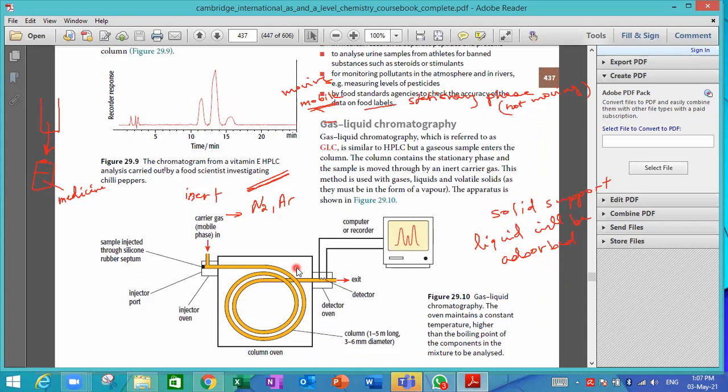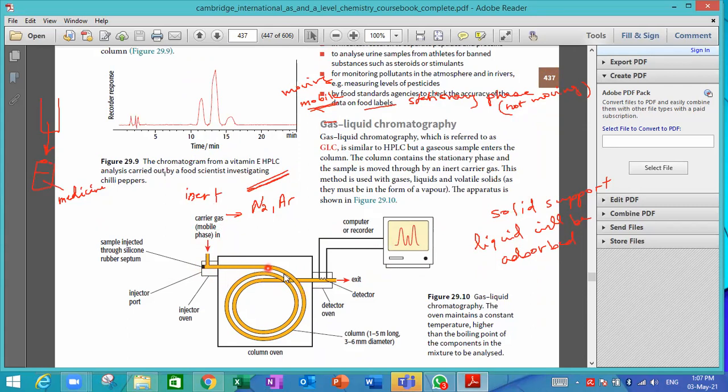Okay, so now here what happens? The same. As the carrier gas takes our sample mixture throughout the column, they are going to be separated depending on the solubility in the gas phase and the absorption on the liquid stationary phase inside the column.